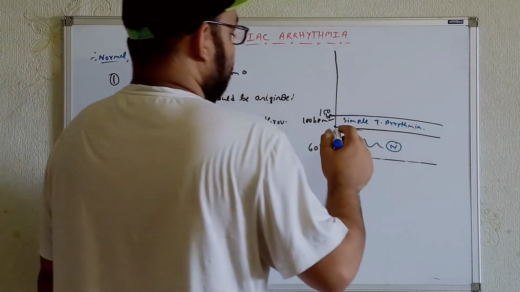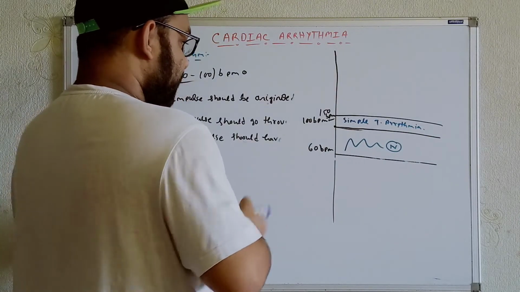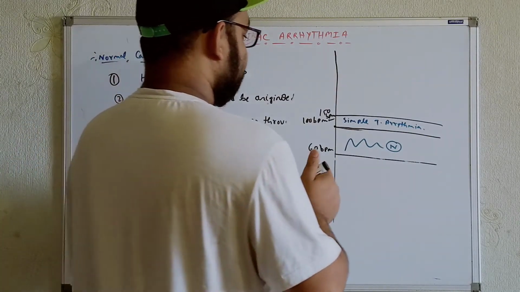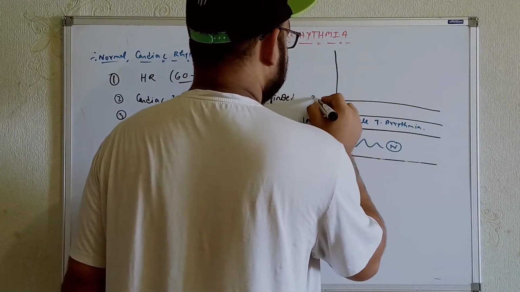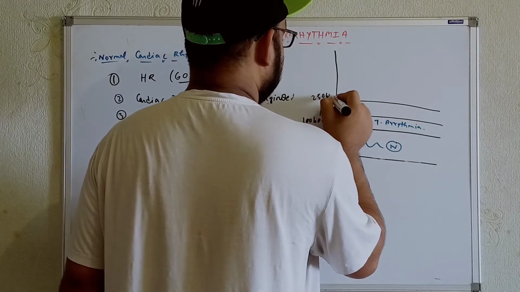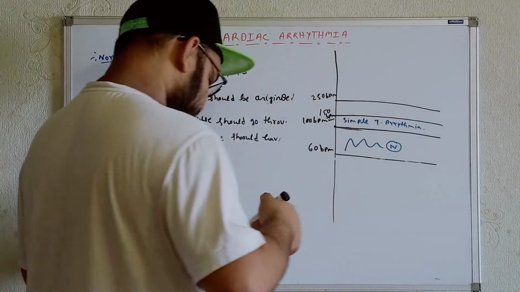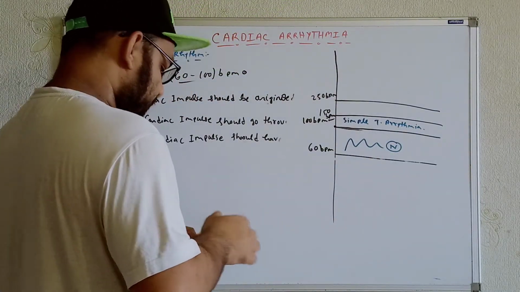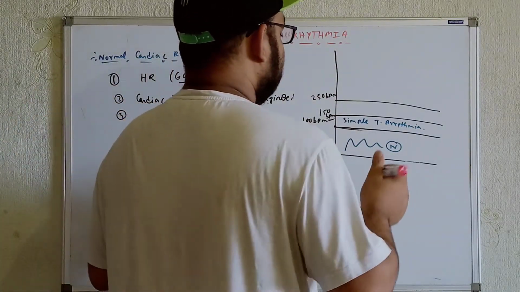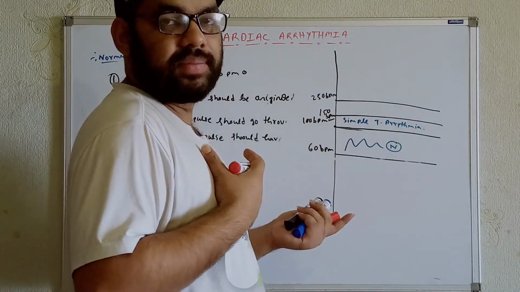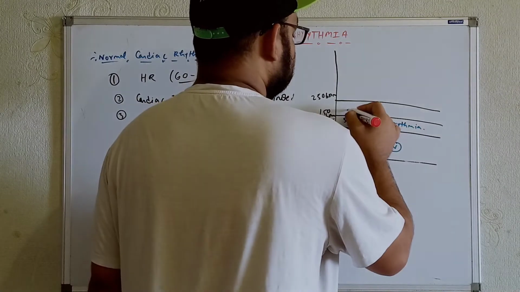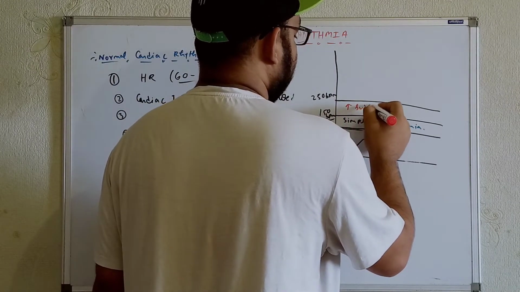For example, if you get the beats from 150 to 250 beats per minute over here, for example 250 beats per minute, actually this type of beat will suddenly appear, and it will suddenly disappear.